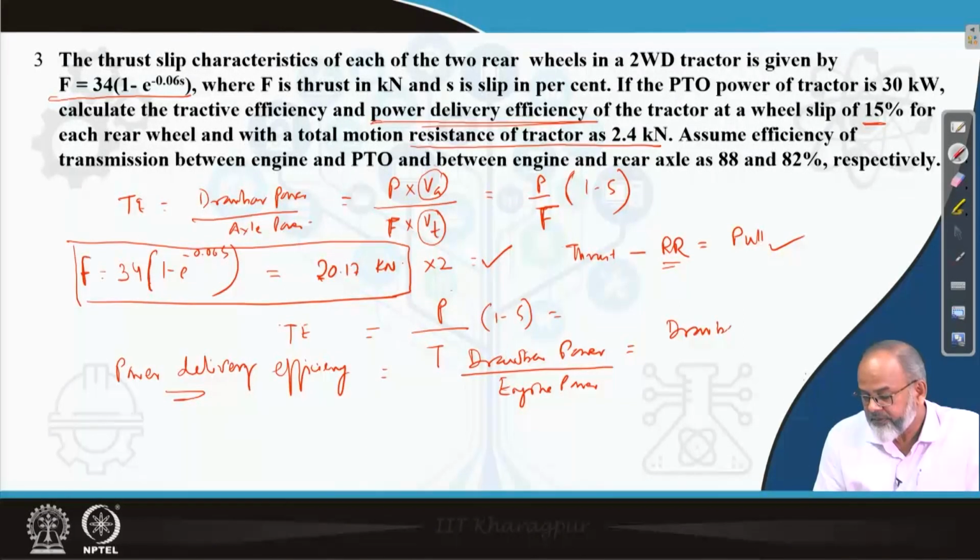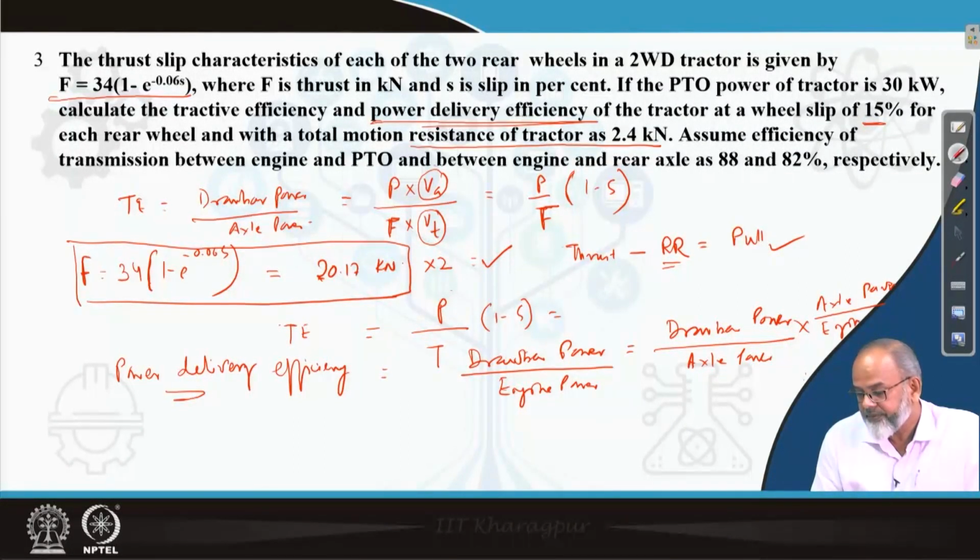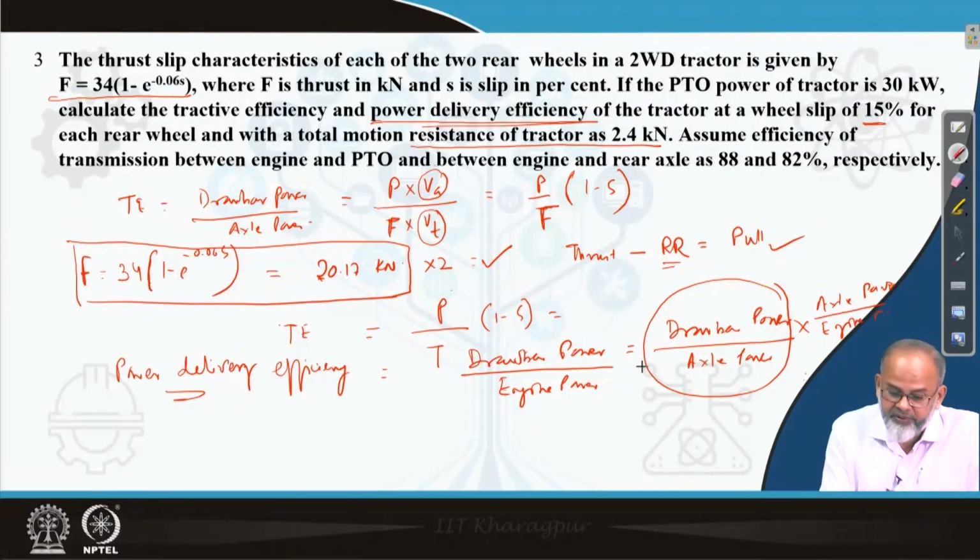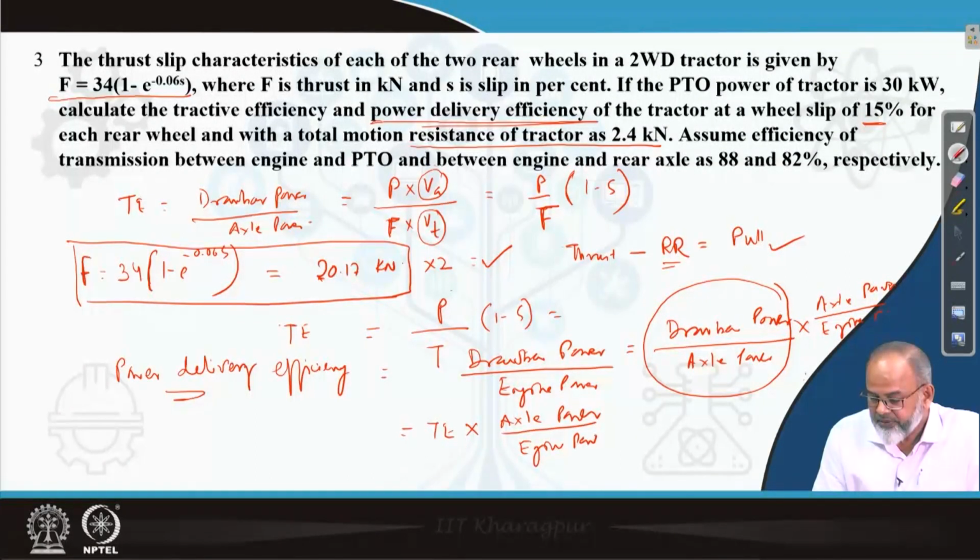Drawbar power by axle power into axle power by engine power. Drawbar power by axle power is nothing but your tractive efficiency, which I have already calculated. So, I can write this as tractive efficiency into axle power by engine power.